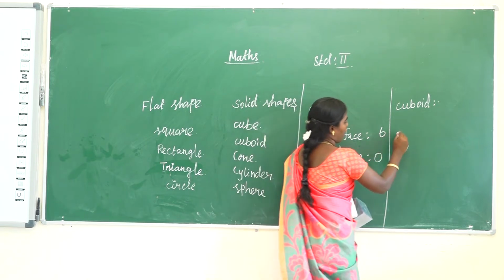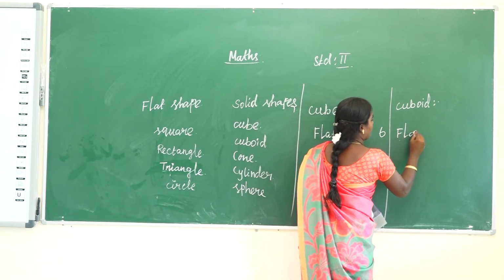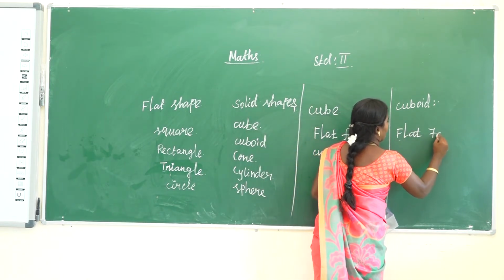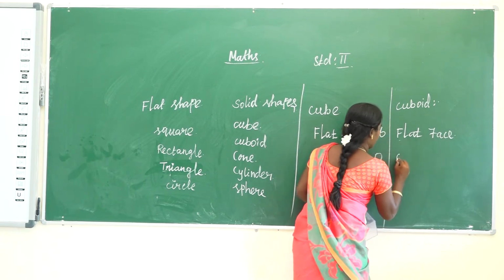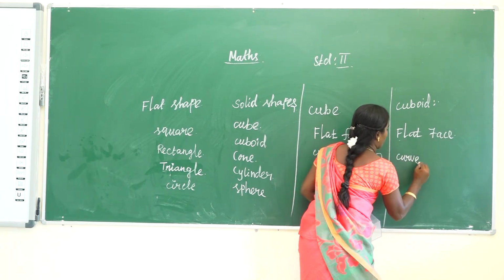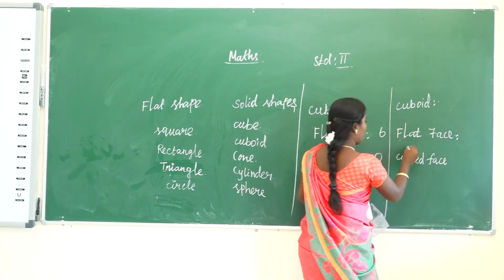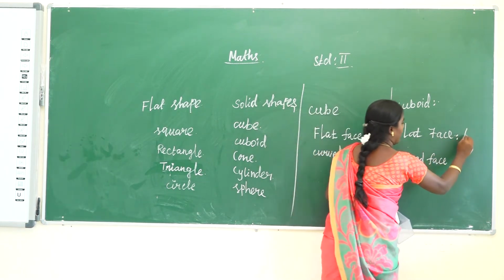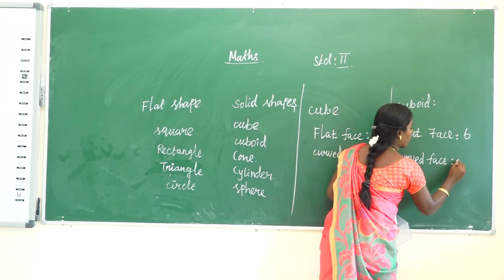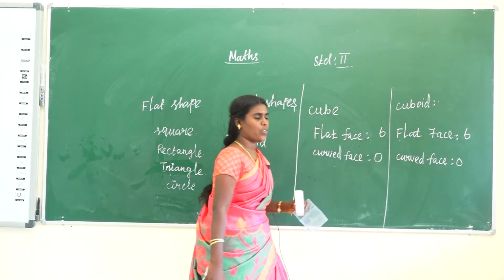So cuboid also, how many flat faces? 6. Then no curved face. Okay.